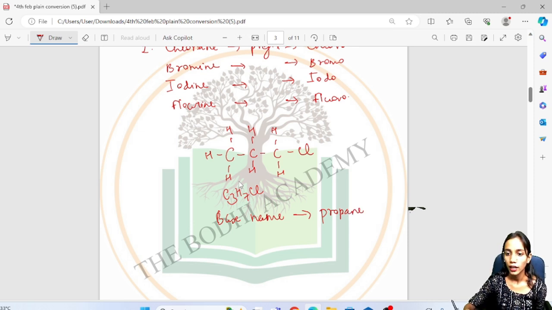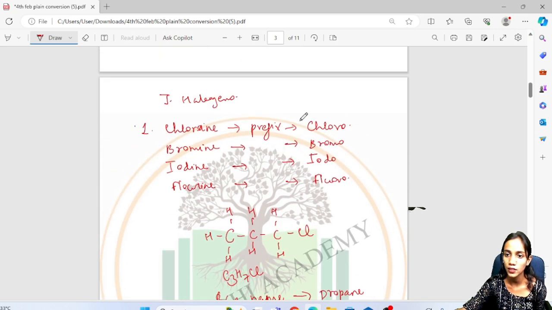So now you have to add the prefix to this propane, and as it is chlorine over here, the prefix is chloro.